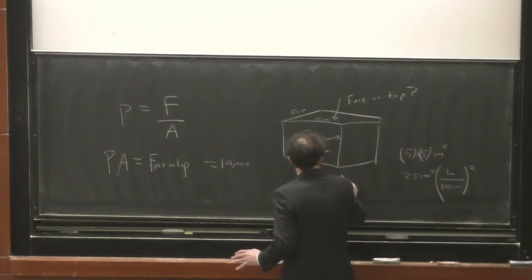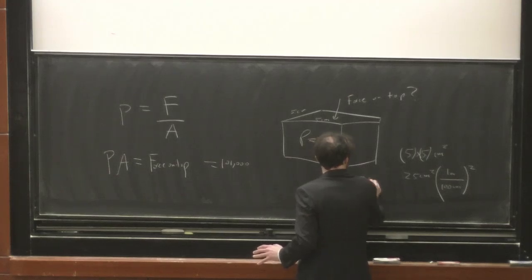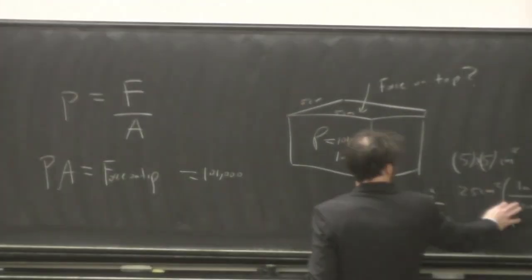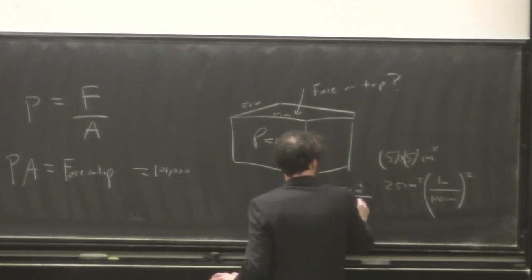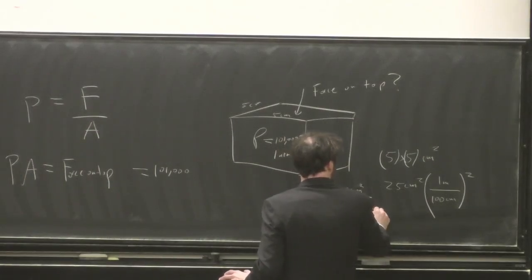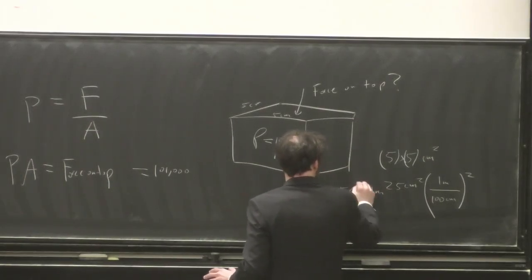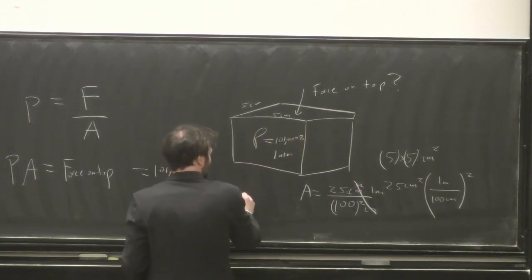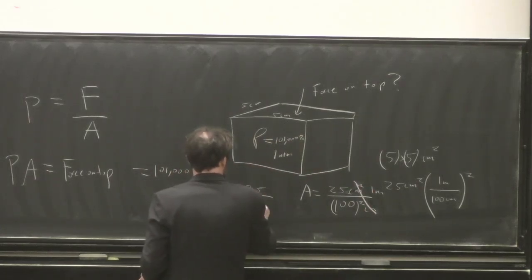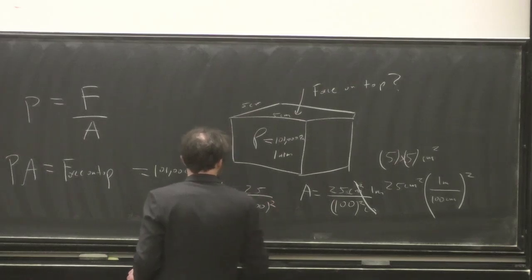So my area is going to be 25 centimeters squared divided by 100 squared, and that's going to turn it into meters. So centimeters cancels, and I have area is 25 divided by 100 squared.